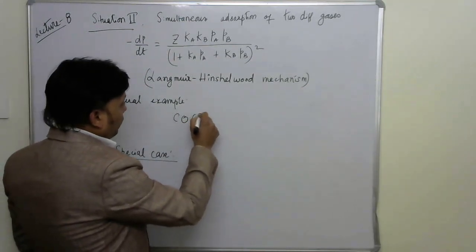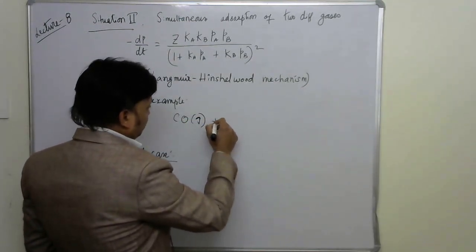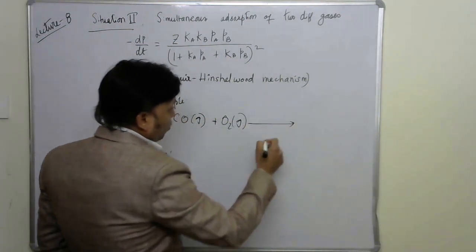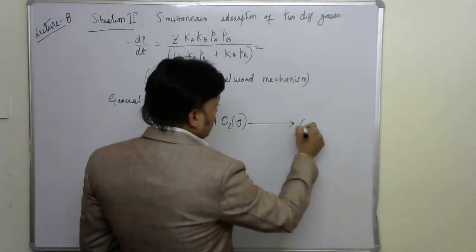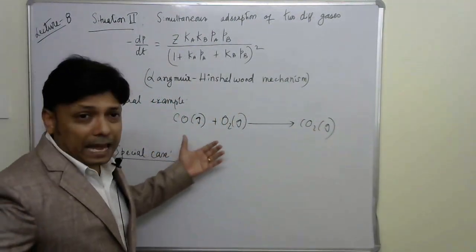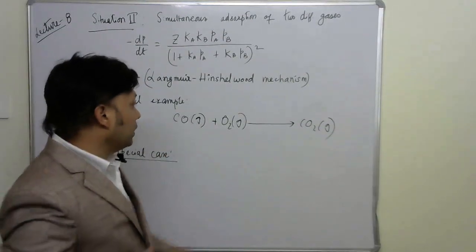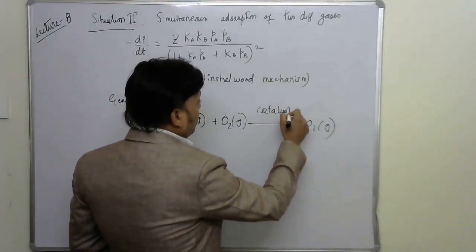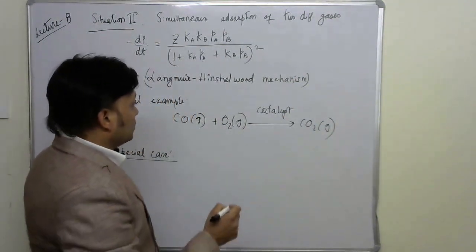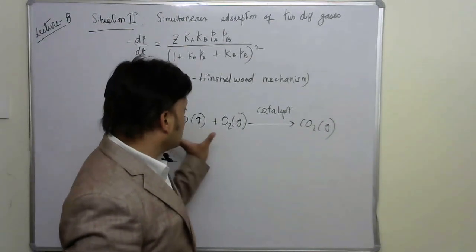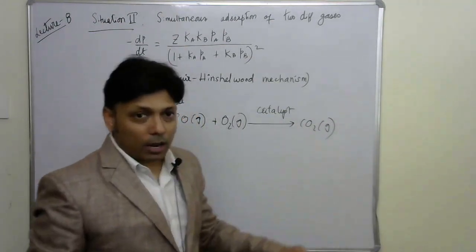This is a very common phenomenon that occurs in many automobile exhausts: the formation of carbon monoxide gas due to incomplete combustion of fuel is turned into less harmful carbon dioxide through aerial oxidation, and a solid state catalyst converts this carbon monoxide to carbon dioxide.